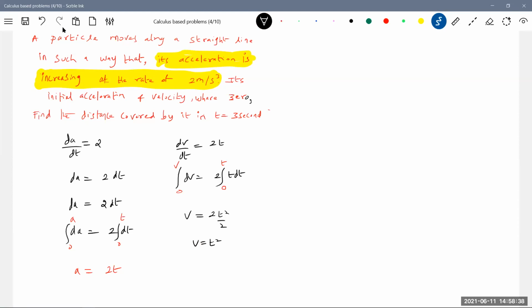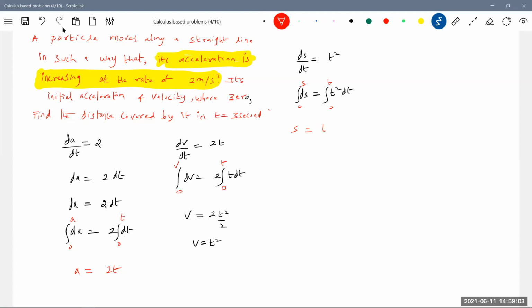Find the distance covered, it is asking. So what shall I do now? Further, v is ds by dt. Again, the limit. Find the distance covered by t seconds. So this will be s, this will be t.